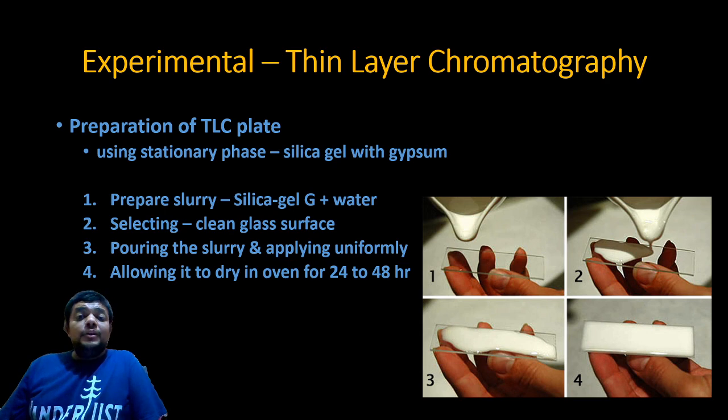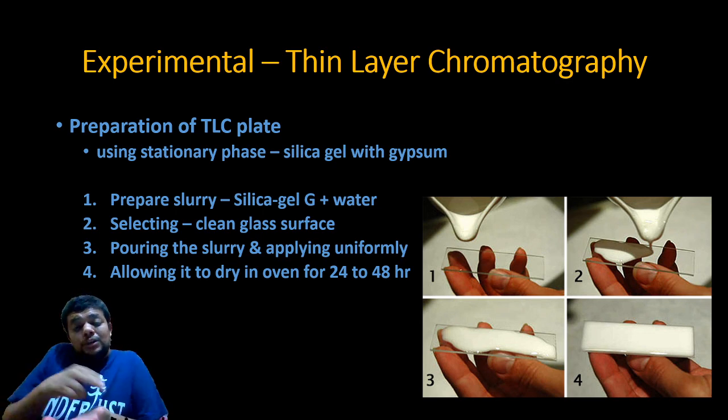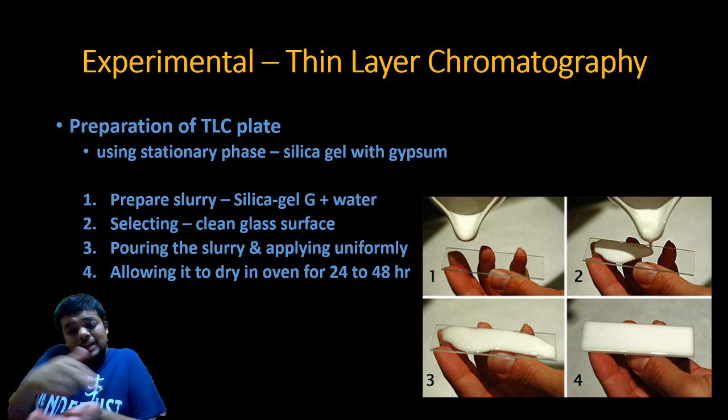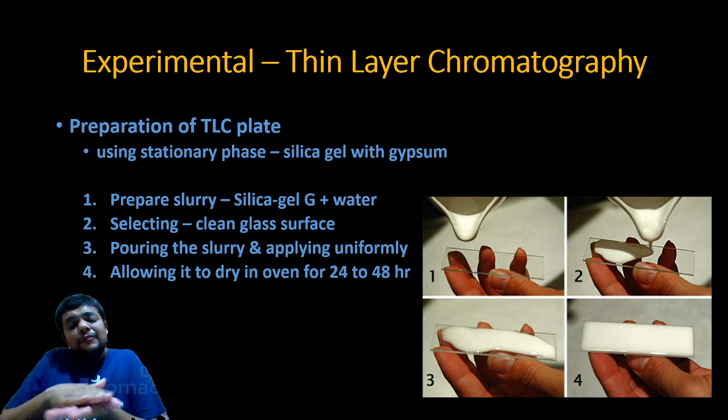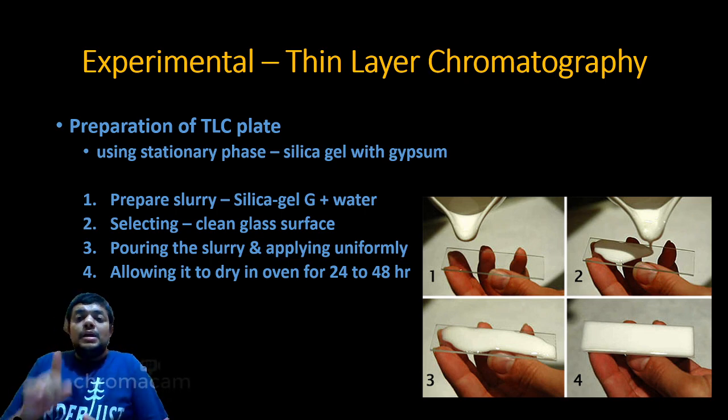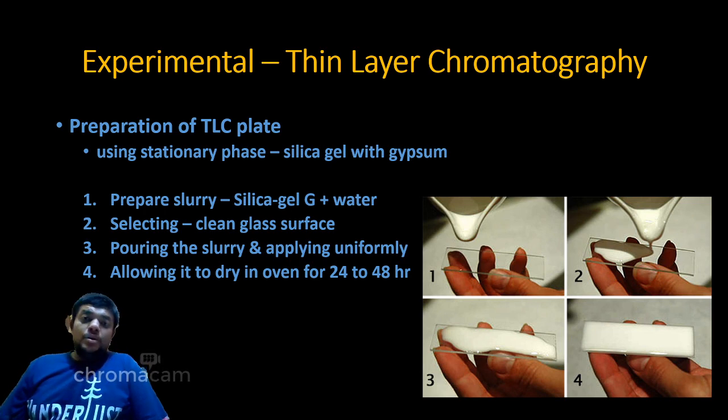Now, when we use the word slurry, homogeneous comes into existence. When a solid powder is mixed in water or any suitable solvent and it becomes a very smooth slurry, then it is said to have the property of being homogeneous.